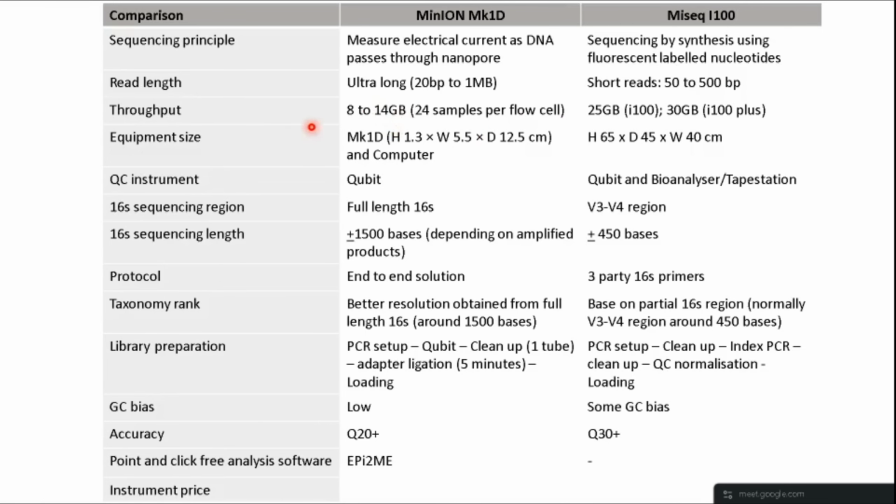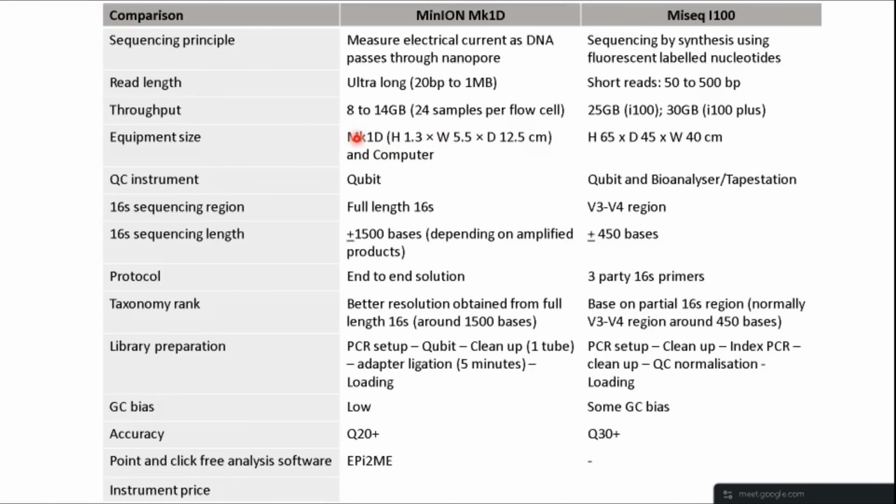Depending on the flow cell used, the output for MinION ranges between 8 to 14. We have only one type of flow cell for MinION, but in an ideal situation the output will be more, and in a not so ideal run, the output will be slightly less. For MiSeq, the estimated output is around 25 to 30, again depending on the model of the sequencer as well as the flow cell type.